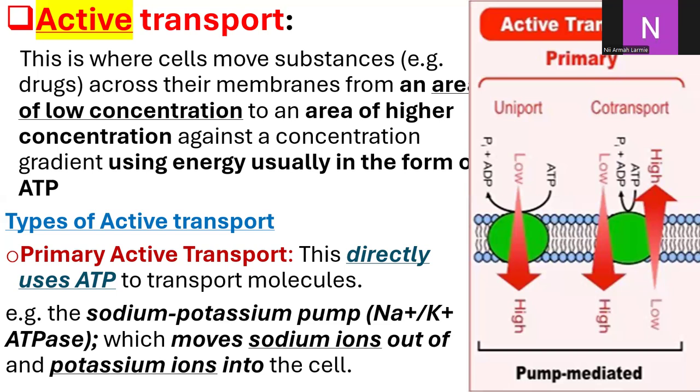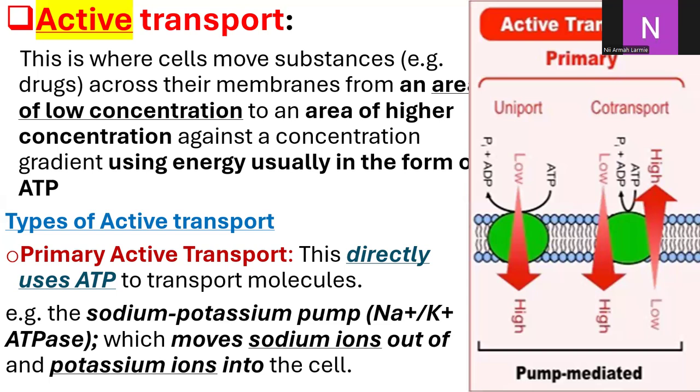So, for example, you take a sodium-potassium ATPase. This is a transport molecule that uses energy to move sodium ions out of cells and move potassium ions into cells.